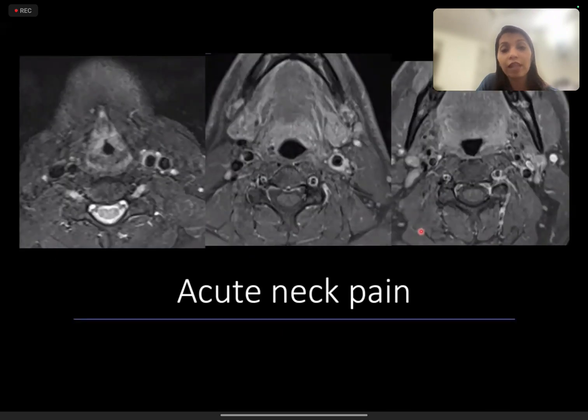Now, this is the last case. This is a 20-year-old female who presented with acute neck pain. This is a contrast MRI. Again, symmetry is our friend.